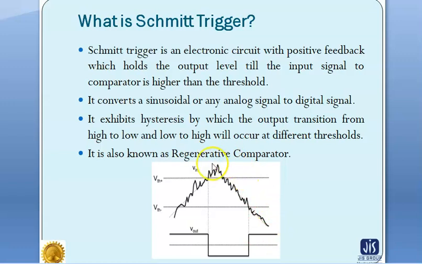So, the basic function of the Schmitt Trigger is to convert a noisy square or sinusoidal signal or triangular pulse or any periodic signal into a clean square pulse with sharp falling and leading edges. By this way, we will get a smooth square pulse at the Schmitt Trigger output.